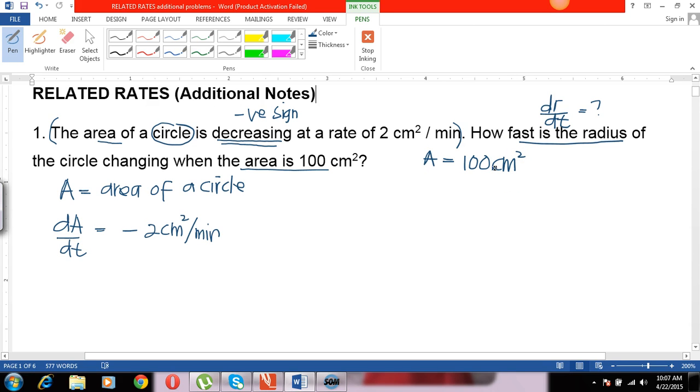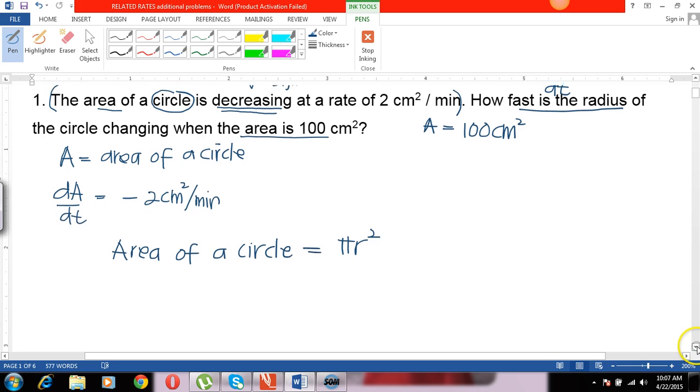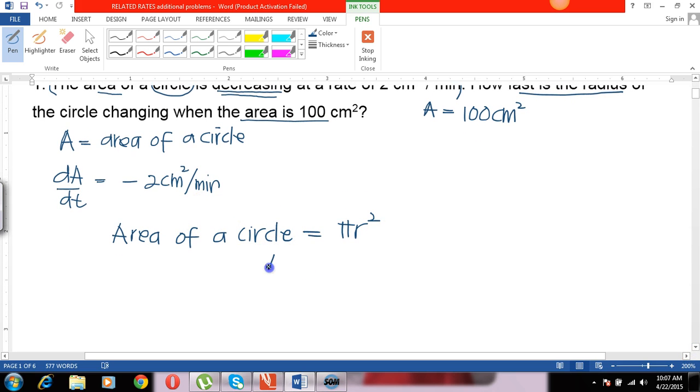Alright. So we have the area of the circle, the formula of area equal to pi r square, right? We have to differentiate this formula with respect to t.